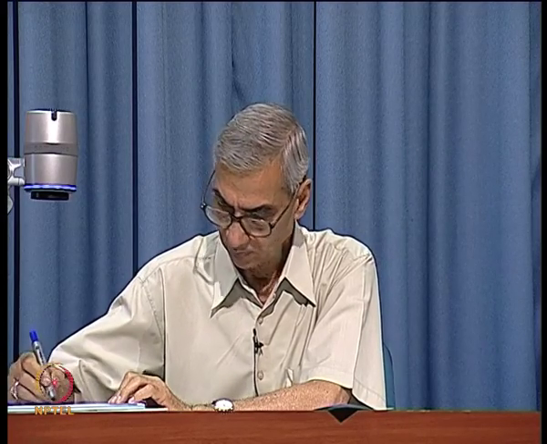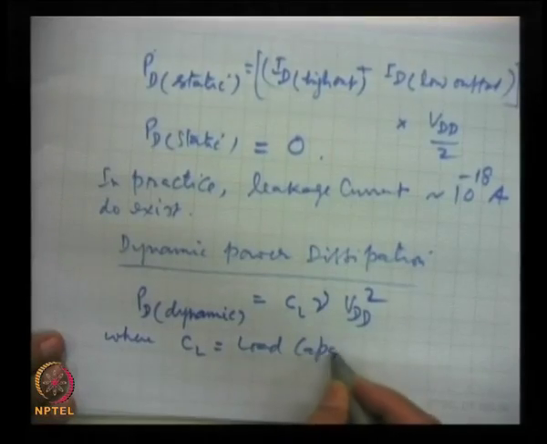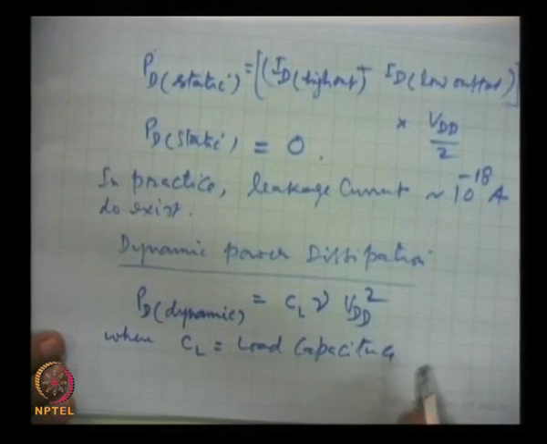And it can be shown that PD dynamic is equal to CL nu into VDD square, where CL is the load capacitance at the output.